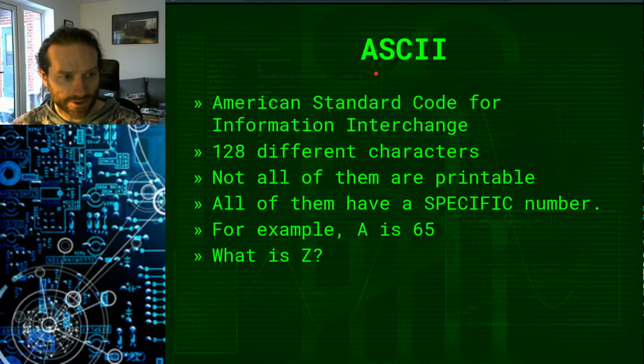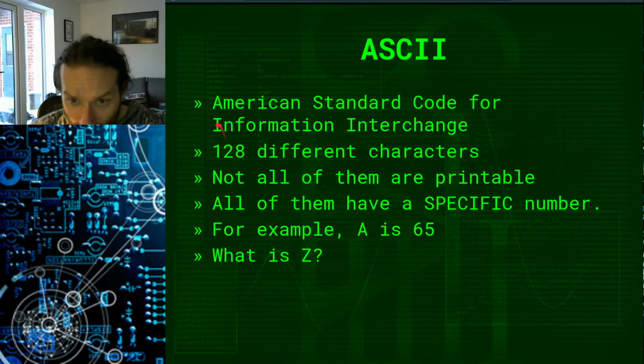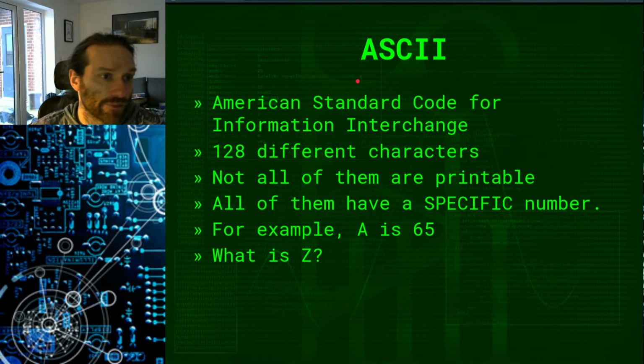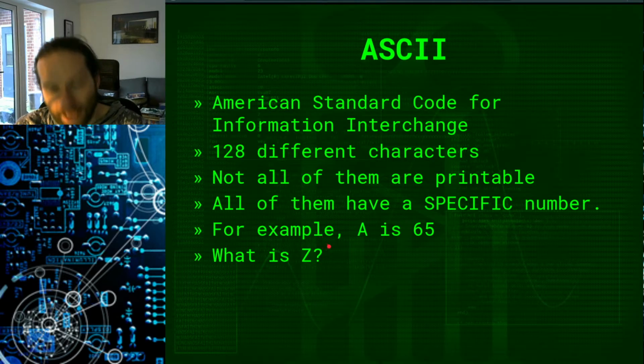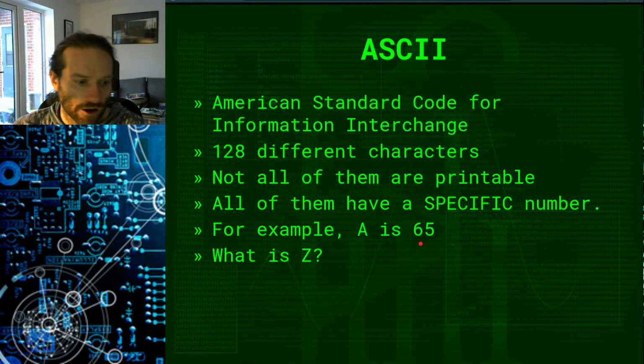Obviously \n is 2 characters, but that's because there is no way of entering that character that we need to use. Okay, so we have a list of every single character that can be printed or not printed, and every single one of them has a specific and unique number. As an example, capital A is 65.